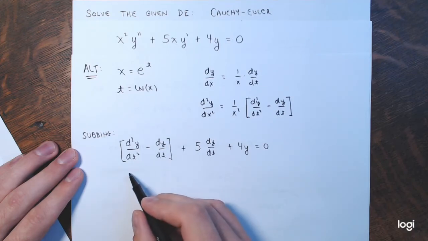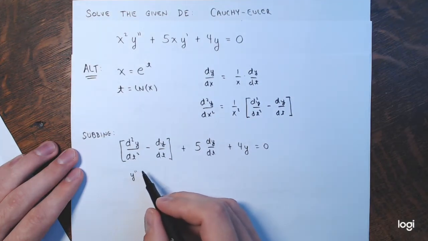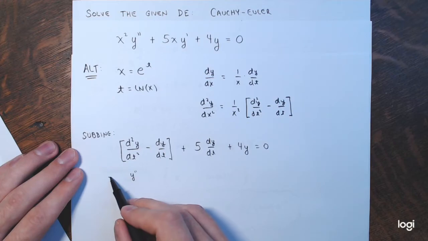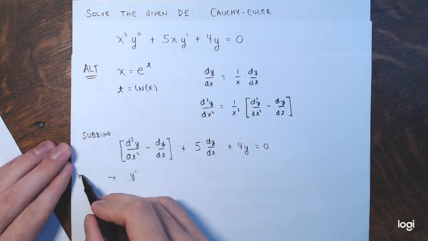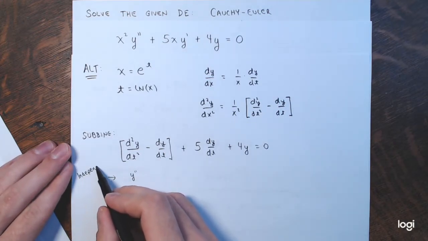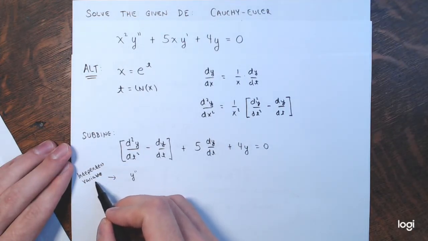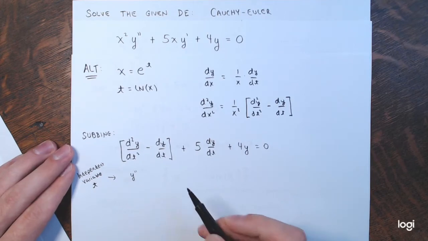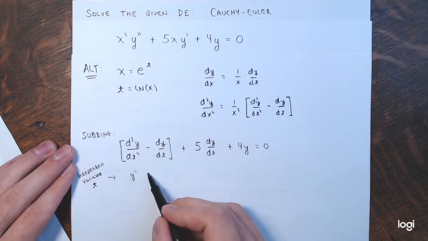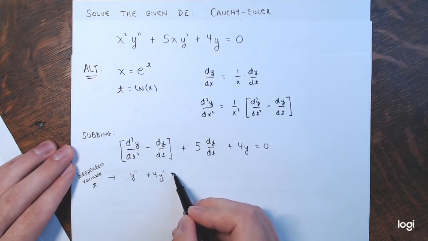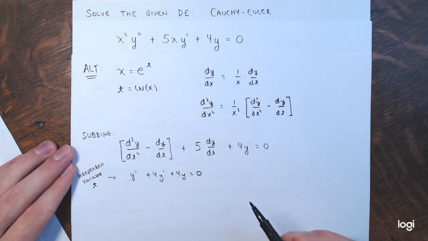Now, do you see how this is y double prime, where, again, this is with respect to t. Right, the independent variable is t now. Not x.